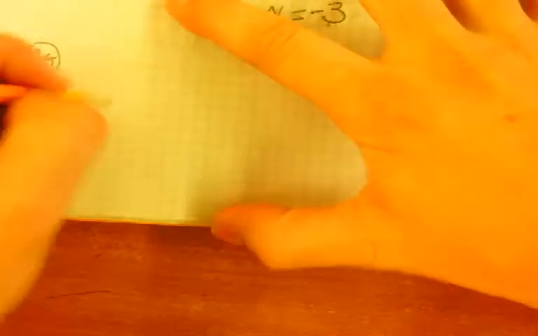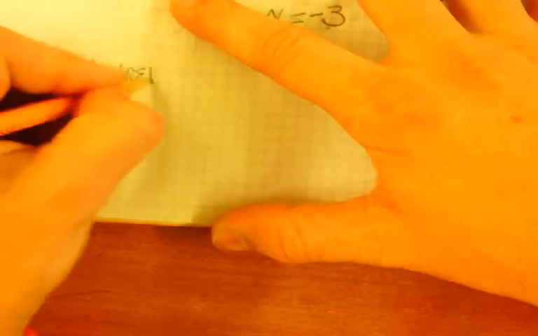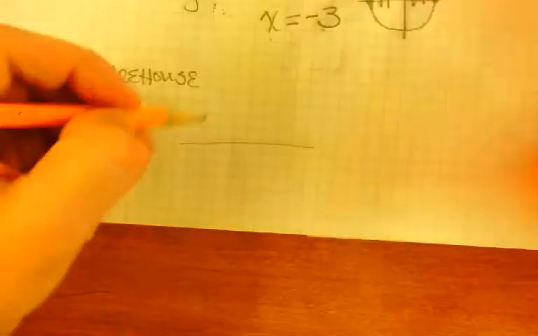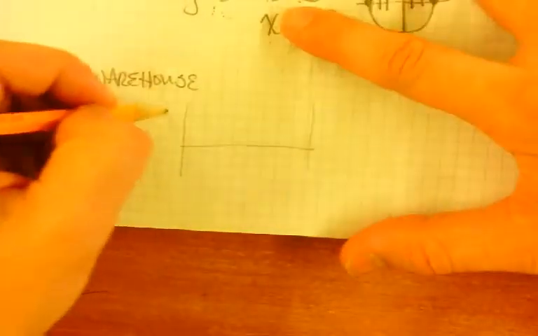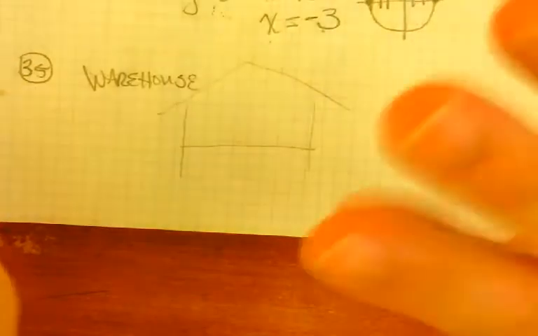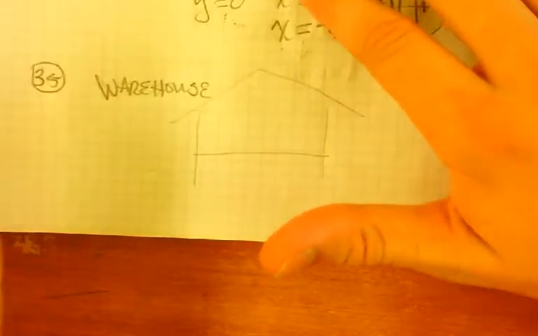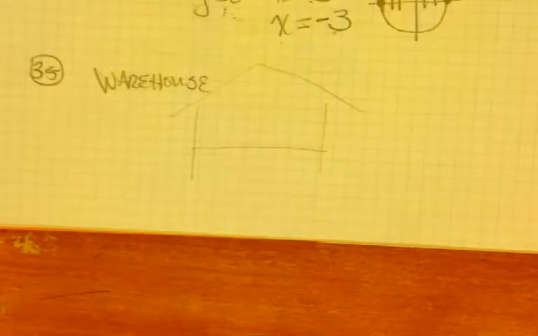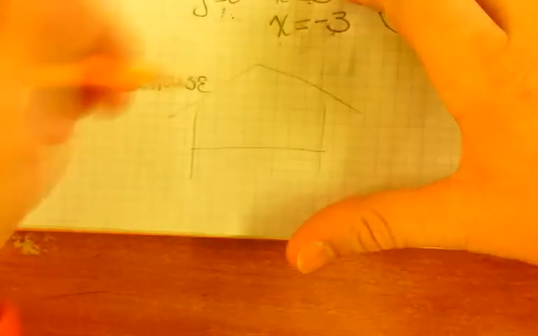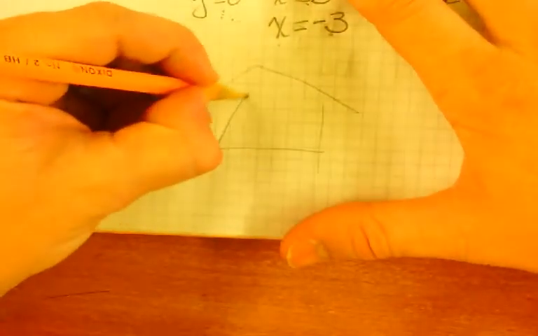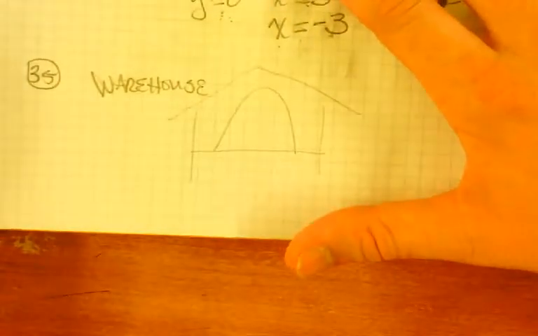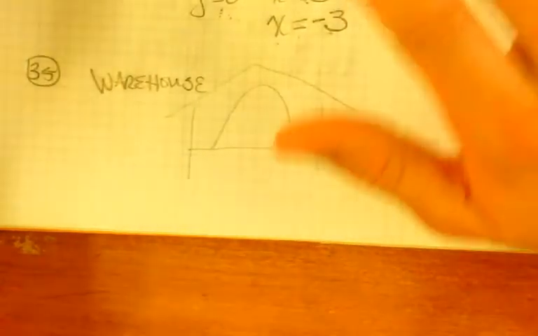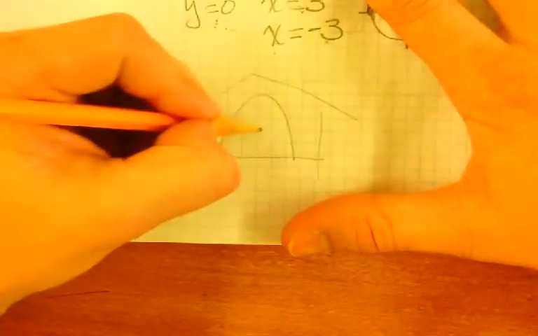We're going to say that you have a warehouse. And in your warehouse, you have a product. This product is stacked in sort of a mountainous shape, and it is decreasing.